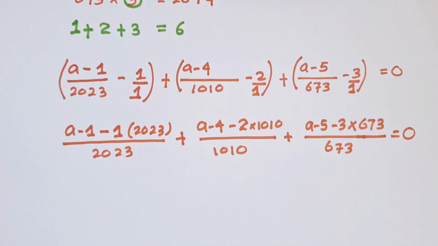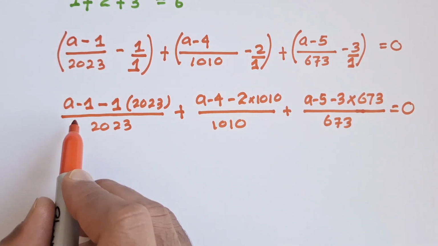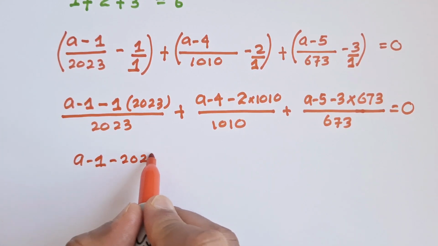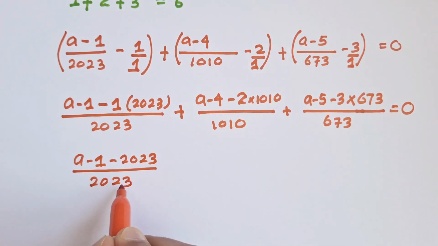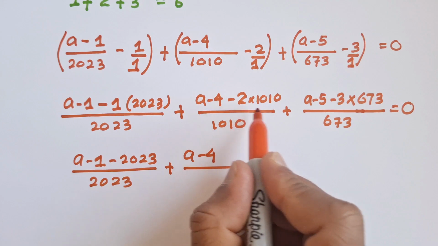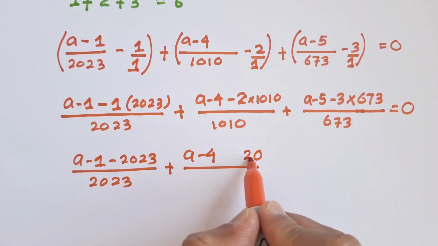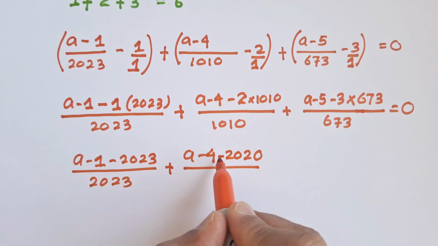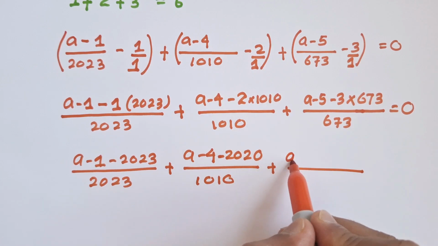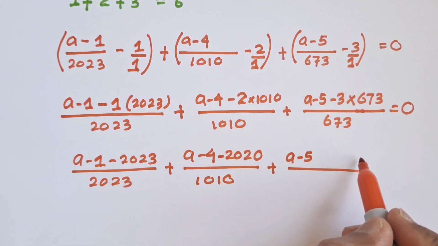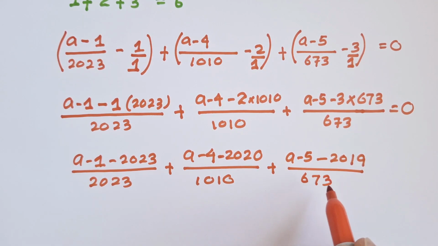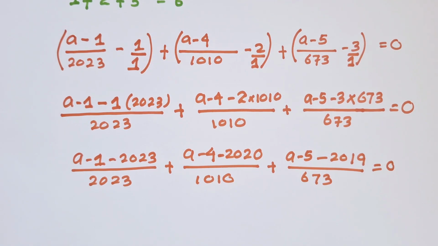Then if we simplify further, here we have a minus 1 minus 2023 divided by 2023, plus here we have a minus 4 minus 2 times 1010, which is equal to minus 2020, divided by 1010, plus here we have a minus 5 minus 3 times 673, which is equal to minus 2019, divided by 673, equal to 0.